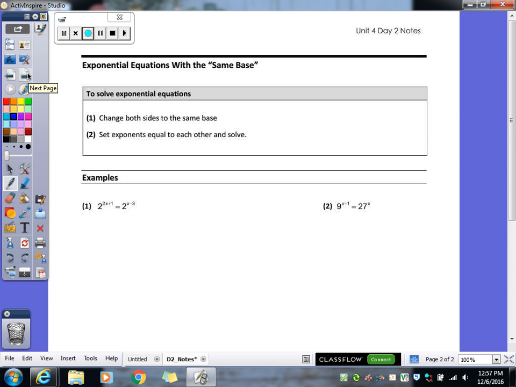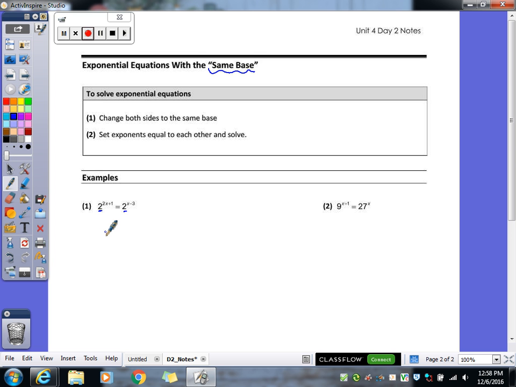So the other one we're going to talk about today is when we have to use the same base. So your exponent now is your variable. So you got your x or whatever letter they're deciding to use, A, B, C. That's up in your exponent spot, and you need to have the same base. Remember, your base is the number that your exponent is attached to. So like in my first example down here, I have a base of 2.